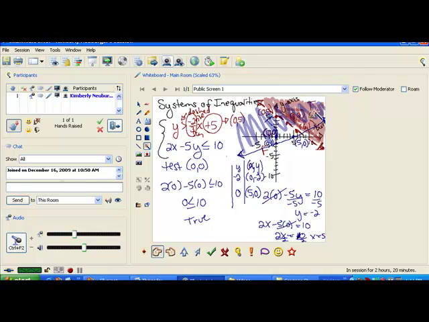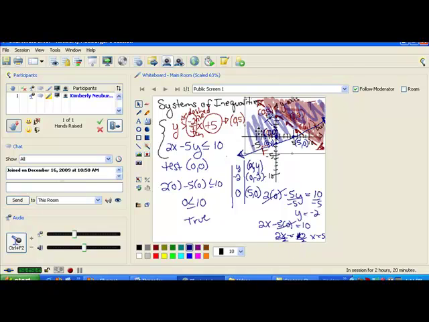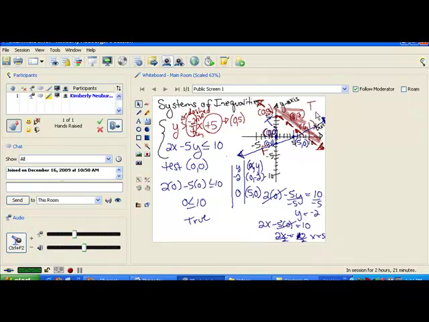So for writing our answer, we actually want to take away this shading, take away this shading, which we have a little bit more of, and then just shade the corner, because that's the only part that is part of our solution.